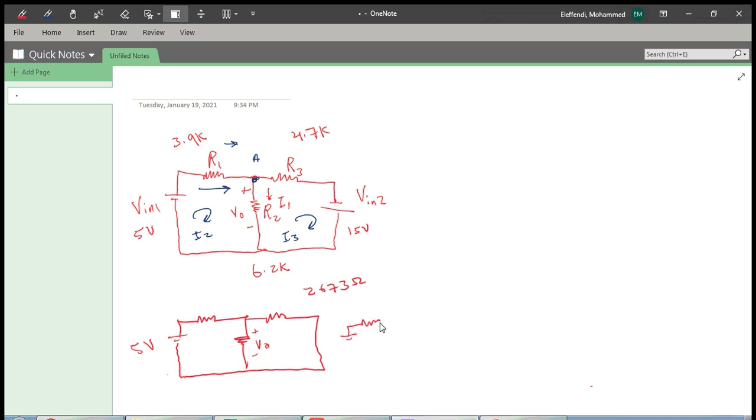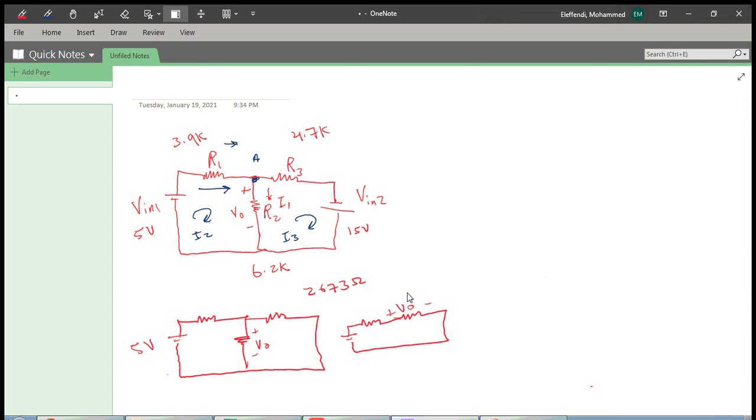So this is R1. Now we took the parallel equivalent, so we have this resistor. So now here we have R1, and this resistor's value is going to be the equivalent that we just calculated. And across it, we will have V out. So now I'm looking for V out. Now I'm going to use the voltage divider rule.